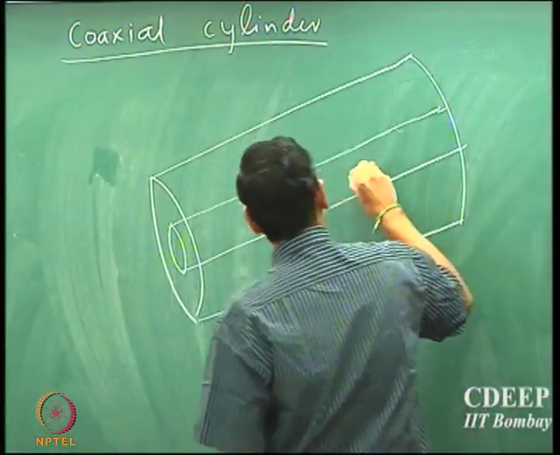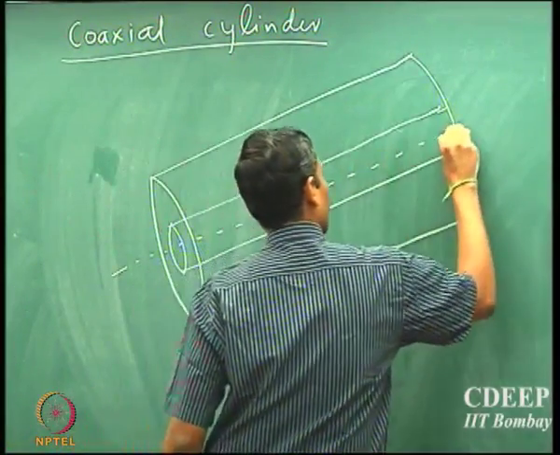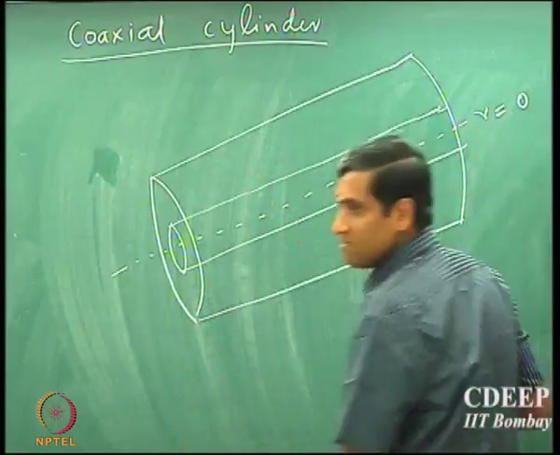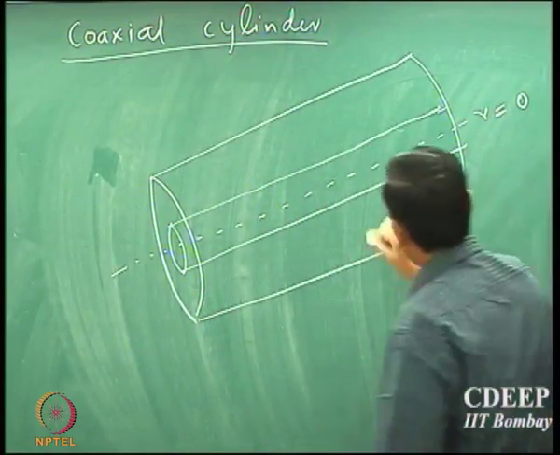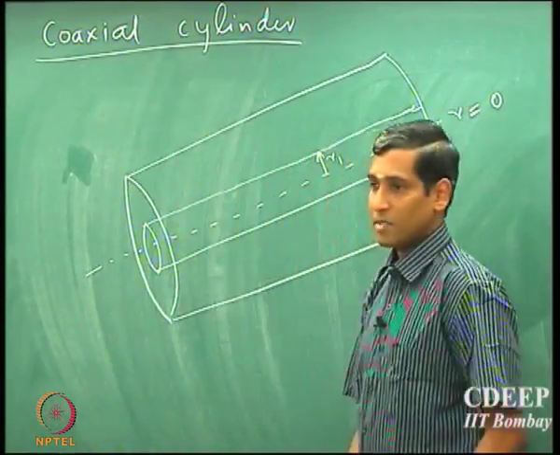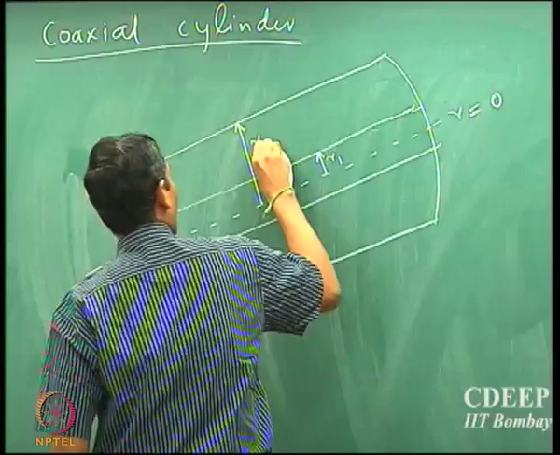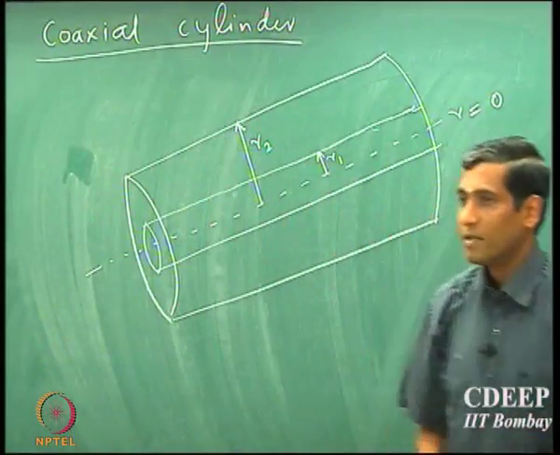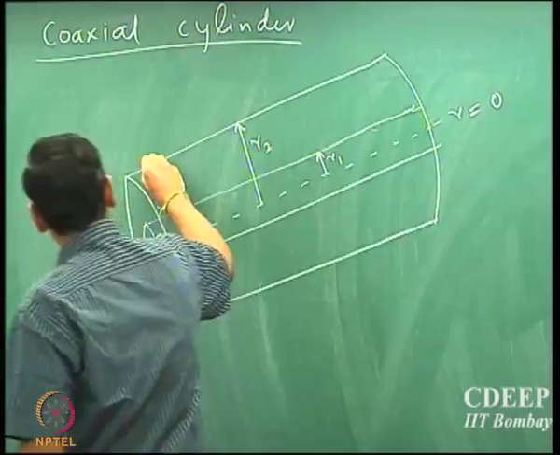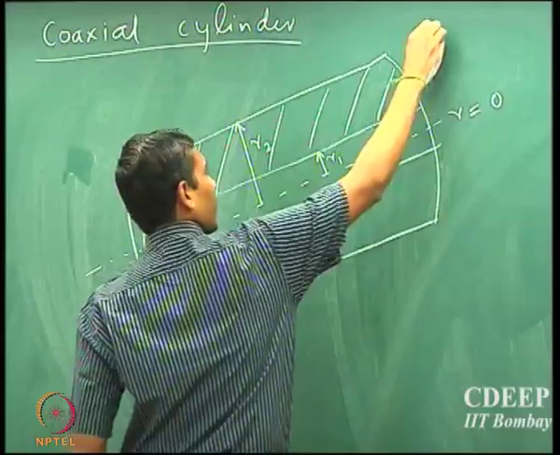So the center is here. This is r equal to 0. If the radius of the inner cylinder is r1 and the radius of the outer cylinder is r2, now let us assume that it is a solid wall here.